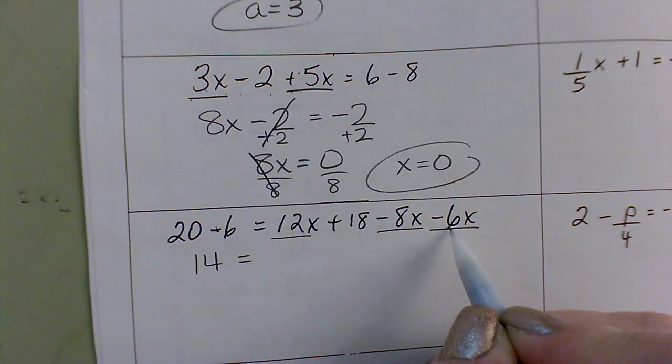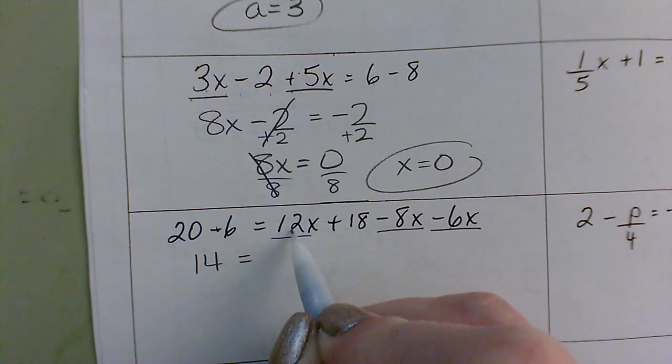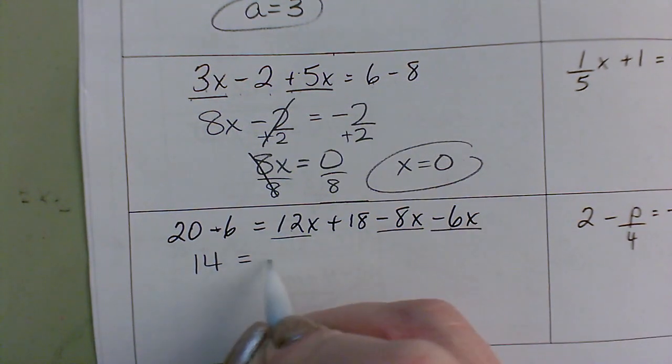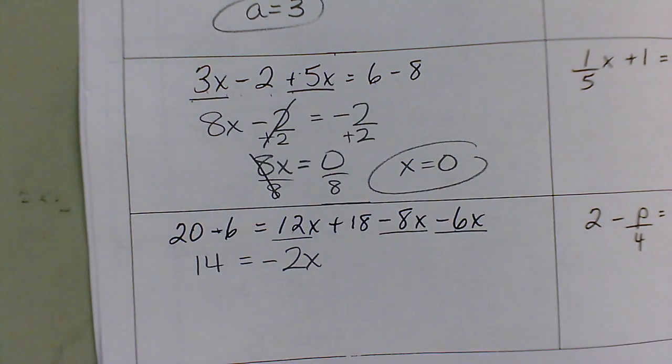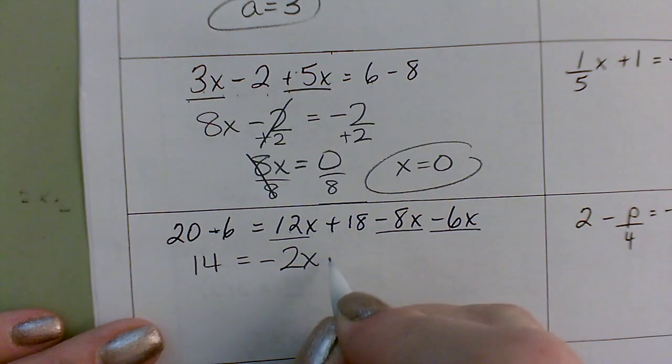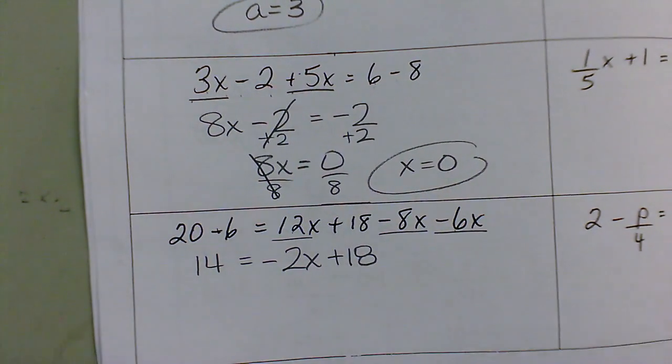A negative 8 and a negative 6 gives me a negative 14. And then I still have a positive 12, so that's what? A negative 2x? And then I still have that plus 18. I could have put the 18 first and then minus the 2x. It makes really no difference what order I put them in. It's just the fact that I have an 18 and a negative 2x.